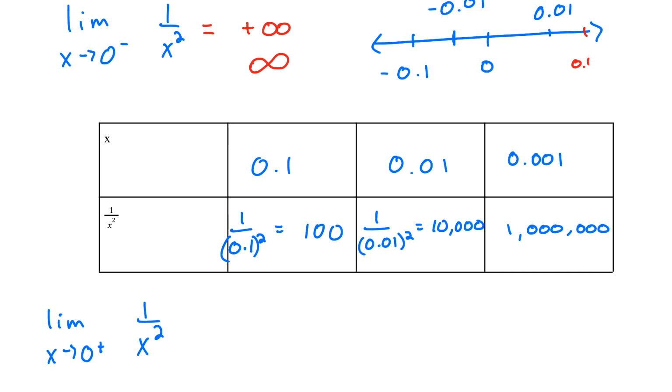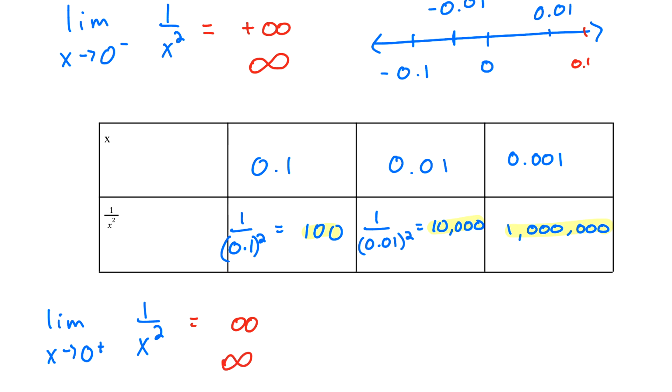So in this case, again, our y values are getting bigger and bigger and bigger. They're not approaching one single number. They're growing larger. So we would say that our limit here is, once again, positive infinity.